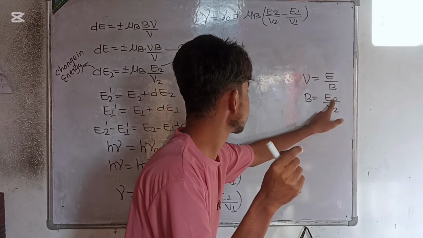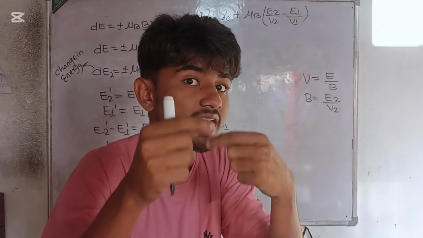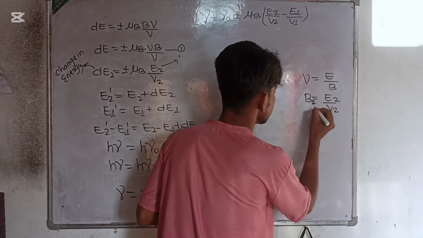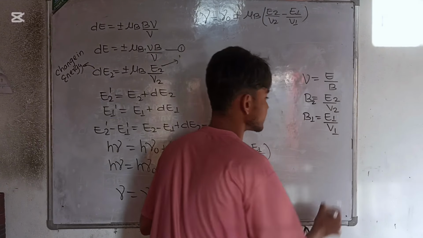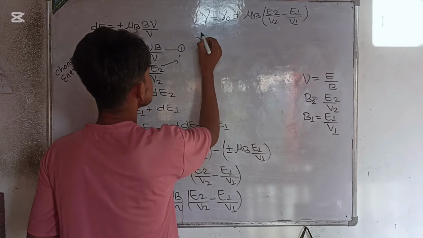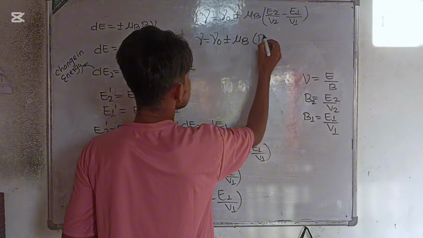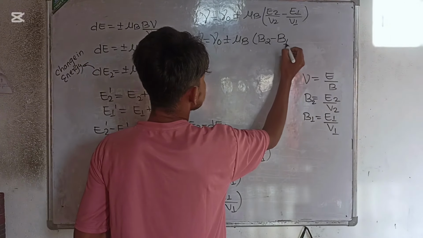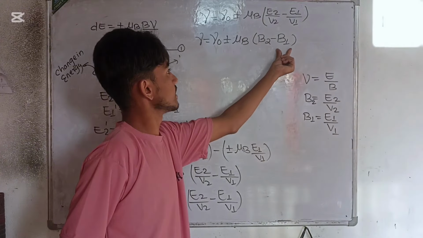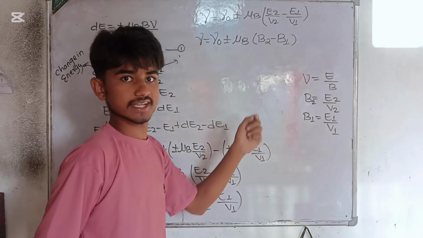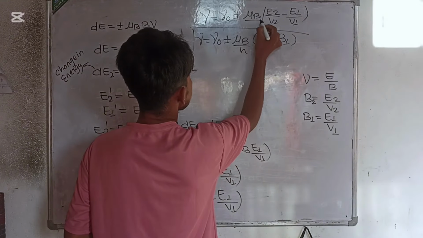It is called B2, and B1 is nothing but E1 by V1. Right? So nu can be replaced as nu naught plus minus mu b times B2 minus B1, the equivalent magnetic field in the second orbit and the equivalent magnetic field in the first orbit, right? So this is the beautiful result.